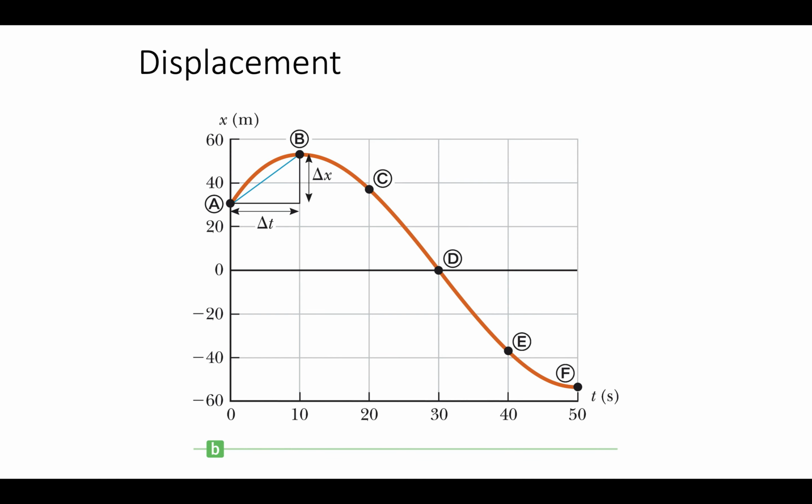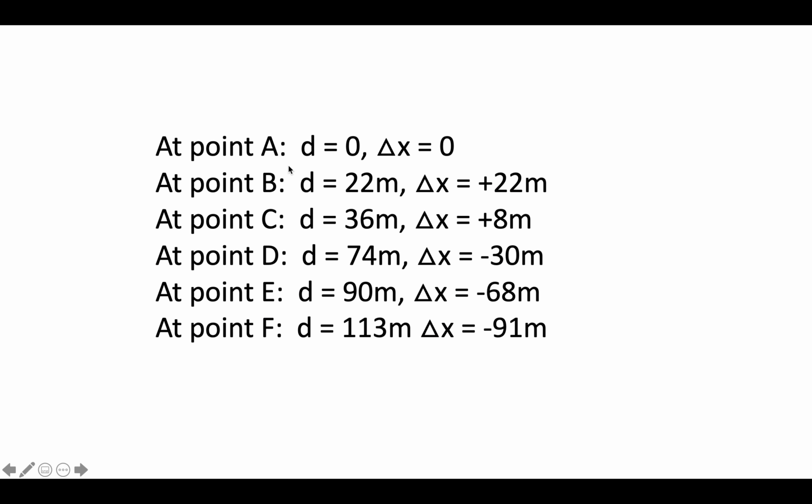And what we can see is that we go forward and then backward. Basically, the motion would be forward and backward, and the graph is stretched out because each point is a later point in time. And then for each point, from A to B, A to C, A to D, A to E, A to F, we can figure out the distance and displacement for each of those points.